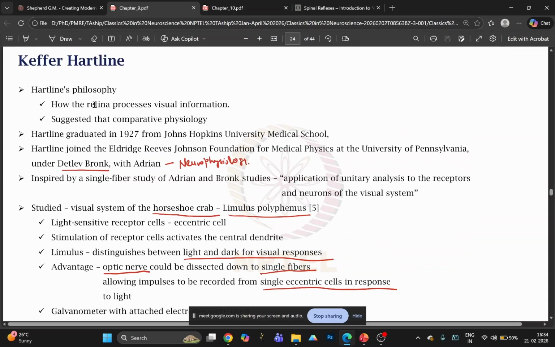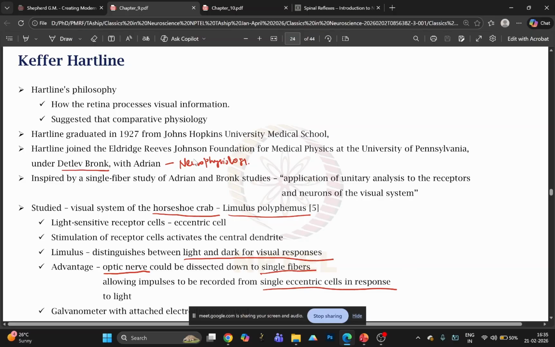And there was something that Keffer Hartline suggested at that time itself, that we should use comparative physiology. Comparative physiology means basically that you should use other organisms like invertebrates, because the visual system is something that can be studied in various organisms. Many organisms have a well developed visual system, right?